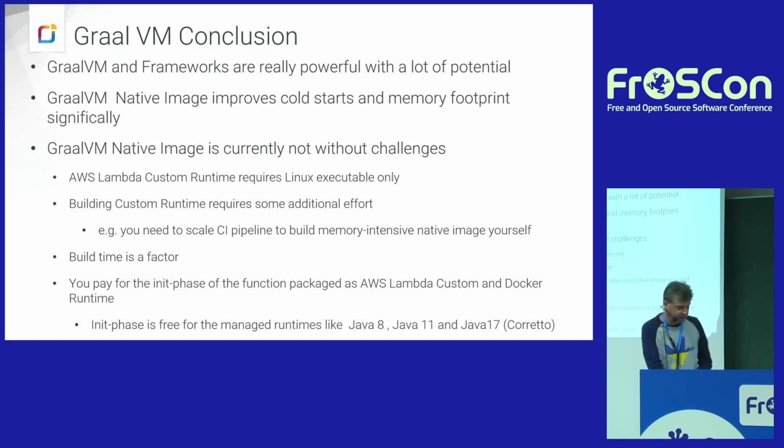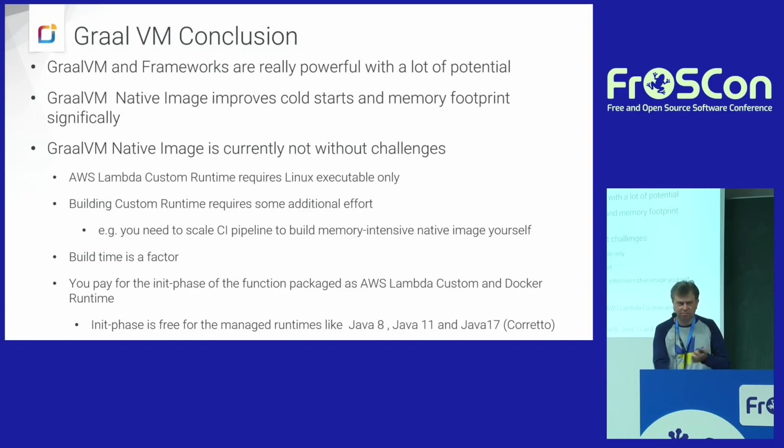First of all, the AWS custom runtime requires only a Linux executable, even if GraalVM can give you Windows and Mac. But AWS requires only Linux. That means for people not using Linux, local work is probably a bit difficult. Also, this custom runtime, you need to manage it. You need to build this custom runtime.